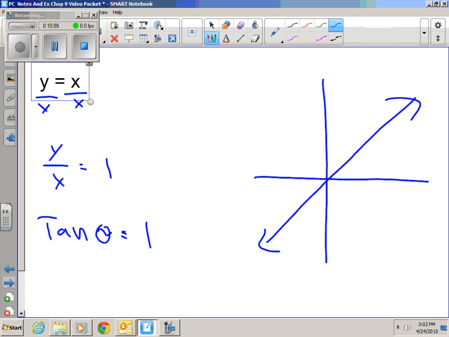Well, what angle has a tangent of 1? Theta is equal to 45 degrees, and sure enough, this angle right here is 45 degrees. So there is our equation. Either tan theta is equal to 1, or we can write theta is equal to 45.